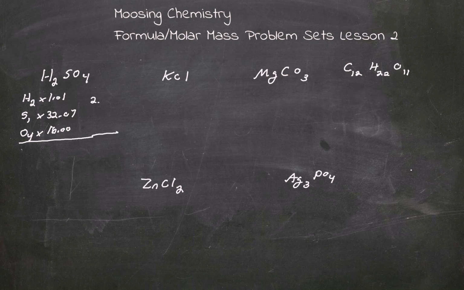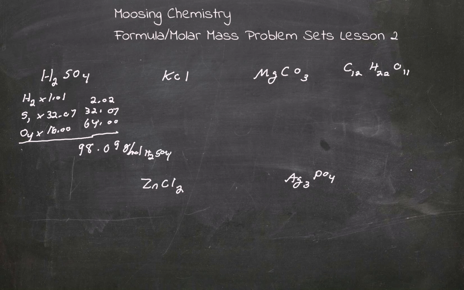So that gives me 2.02, 32.07, and 64. So we're going to add those up. We get 98.09 grams per mole of H2SO4.